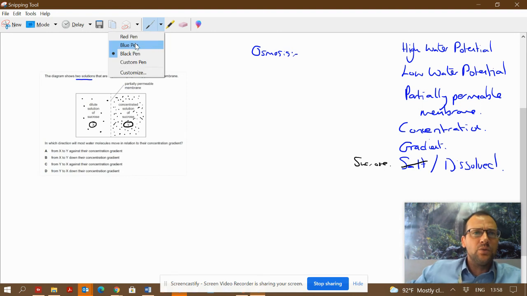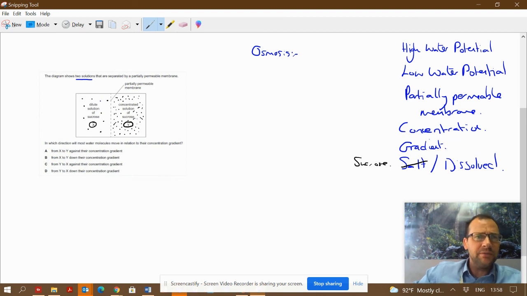Right, now let's look at the water. Let's do water as it is in blue. Maybe I should have done the dots bigger, but we'll do the dots here, blue. Okay, so now I've got not so much sucrose in this one, right? So actually I can have quite a few particles of water.